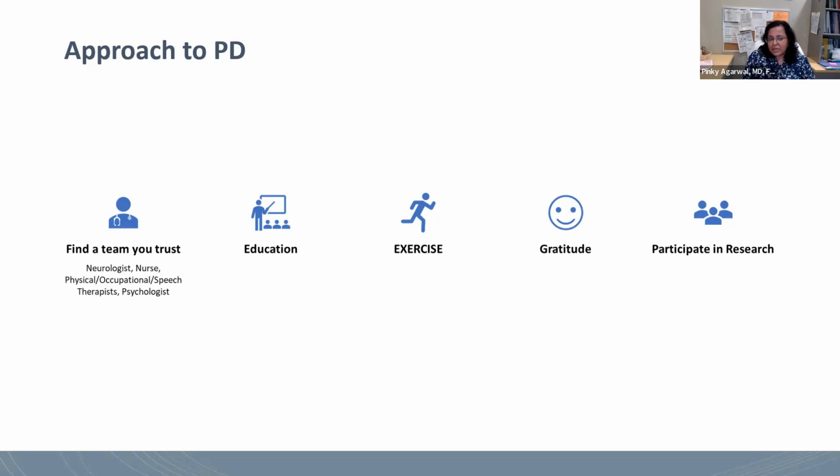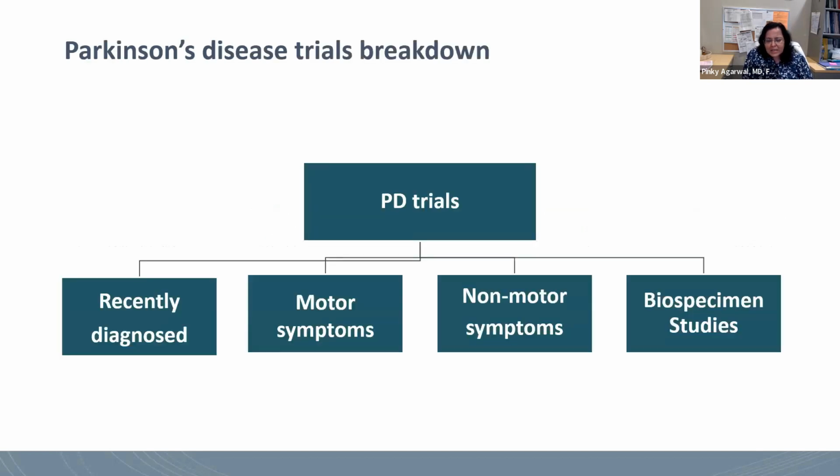There is increasing research happening in overactive bladder. At our center, we've done 3 or 4 clinical trials involving urinary symptoms. One involving mirabegron in PD we just completed a few months ago, and the data is still being analyzed. In general, regarding the clinical trials in Parkinson's that are out there, they're categorized into recently diagnosed trials, trials for motor symptoms, and trials for non-motor symptoms.